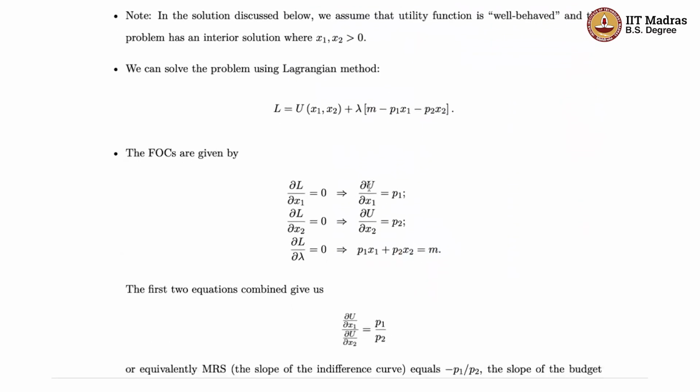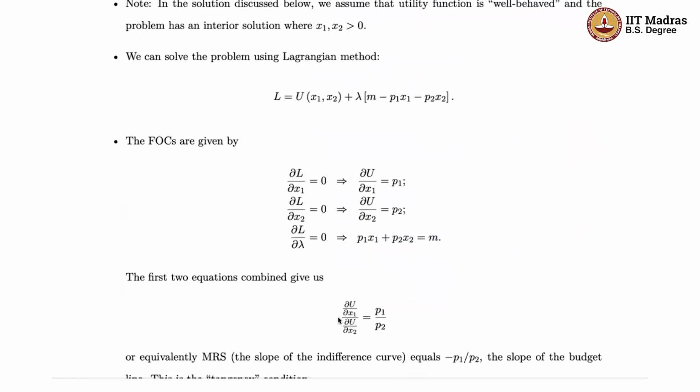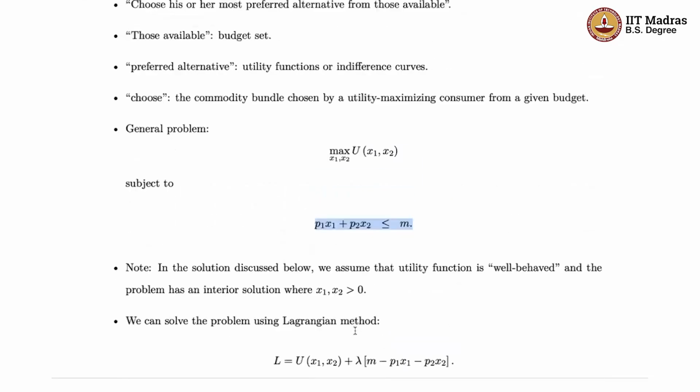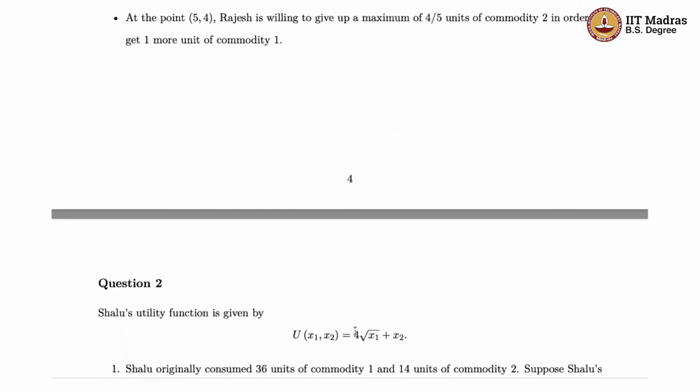Okay, so the first two equations actually give you, if you divide equation 1 by equation 2, you end up getting that del u del x1 by del u del x2, the ratio of the marginal utilities, is equal to p1 by p2, which is the ratio of the prices, right? And if you multiply both sides by negative 1, you get minus del u del x1 by del u del x2, which is nothing but, remember, the marginal rate of substitution, which we derived earlier, right?